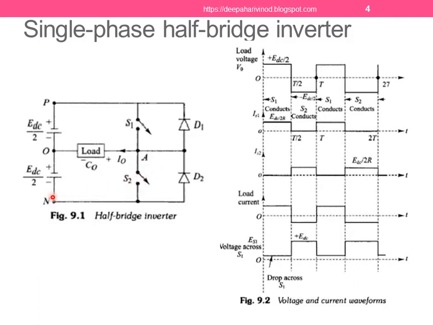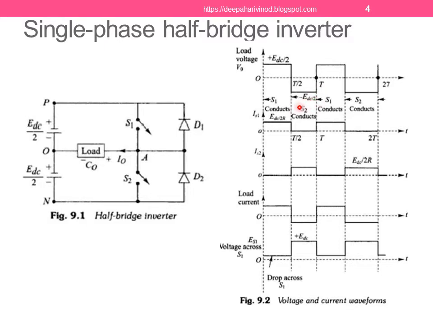It connects point N of the DC source to point A, and the output voltage reverses. It is minus EDC by 2.